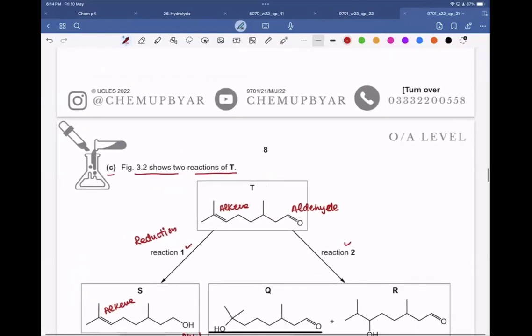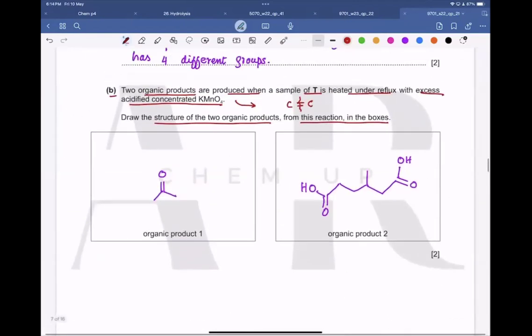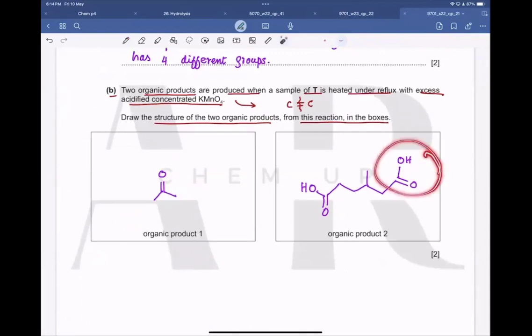Which one, aldehyde? You are talking about this one?